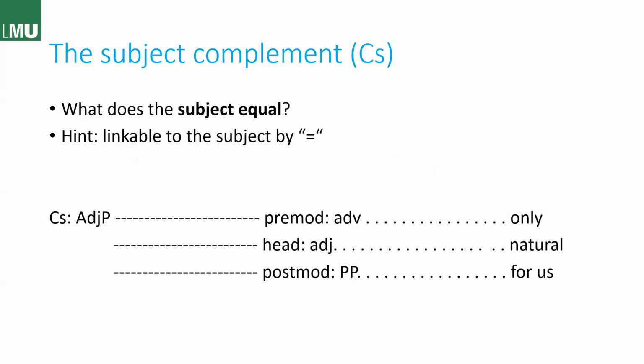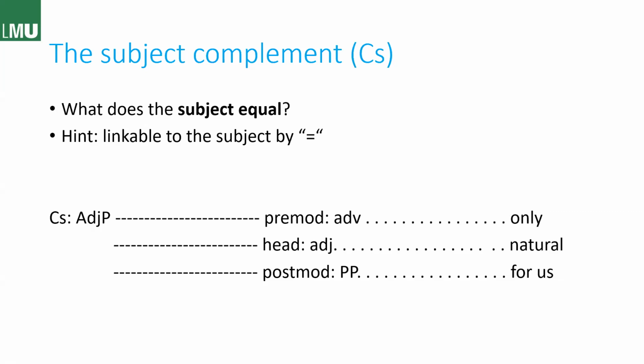Let's get to something that is, in my experience, the least well-known of all these constituents, the complements. We have 2 of them, and we're starting with the subject complement. And the subject complement can be paraphrased with what does the subject equal. So you can link this to the subject by equals.